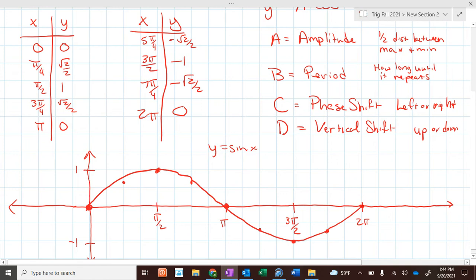Now it continues on because we have coterminal angles, right? So using coterminal angles, we'd be here, and we just keep going this way. And coterminal angles backwards, we'd keep going this way. But in general, we graph one period of it, which looks like that. That is the sine curve, okay?